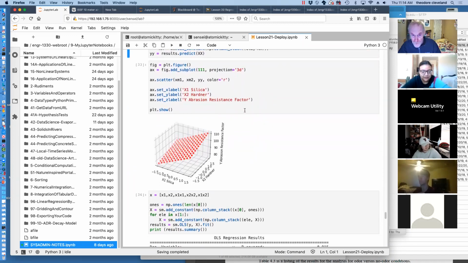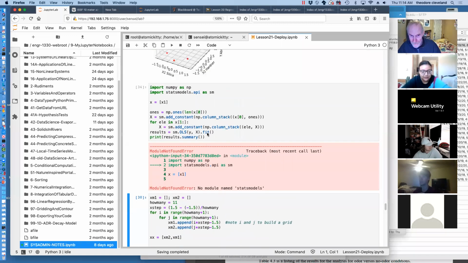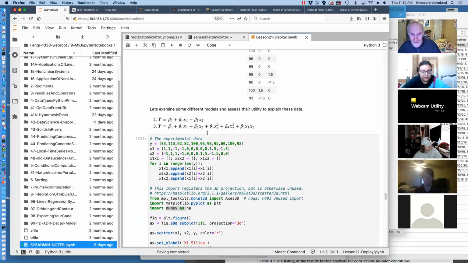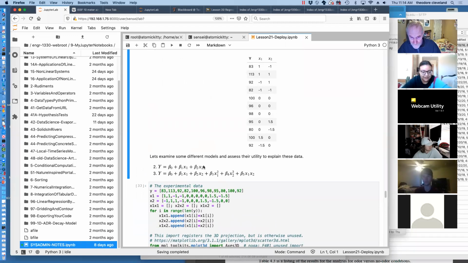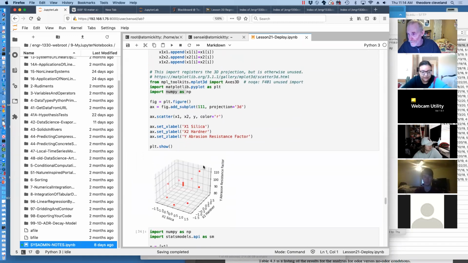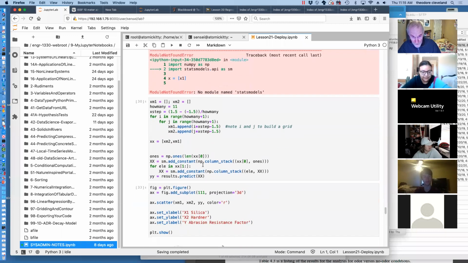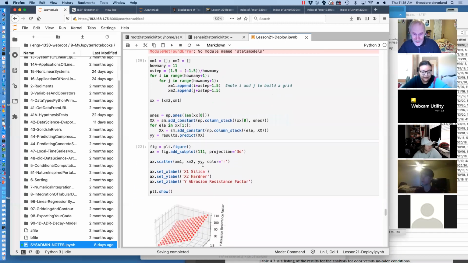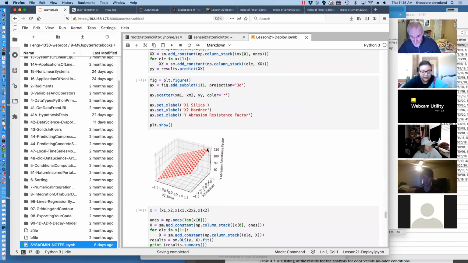And when we build our model, our linear model, this first one, we run ordinary least squares. We'll get values of the coefficients beta 0, beta 1, and beta 2. And when we put those back into our model, that model is simply this plane.